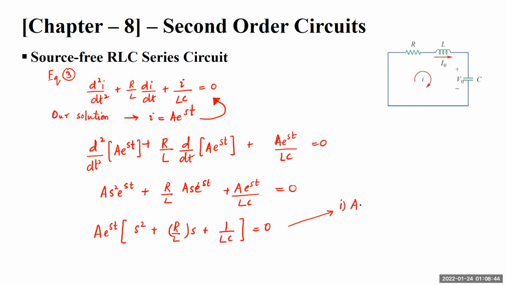Either A e power st is equal to 0, and the second case is s square plus R by L s plus 1 by LC equals 0. Since A e power st is what we have assumed as our solution to the second order differential equation, we are more concerned with s square plus R by L s plus 1 by LC. Here we see that this equation 2 is a quadratic equation.